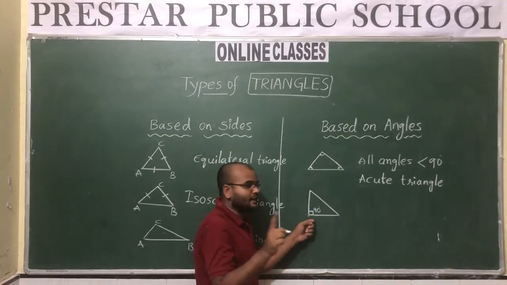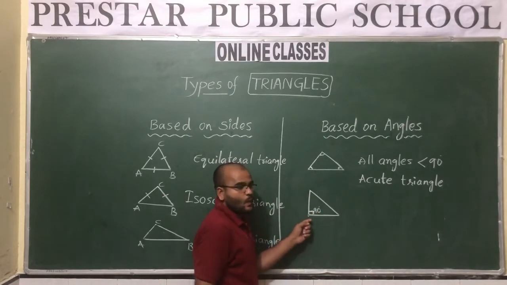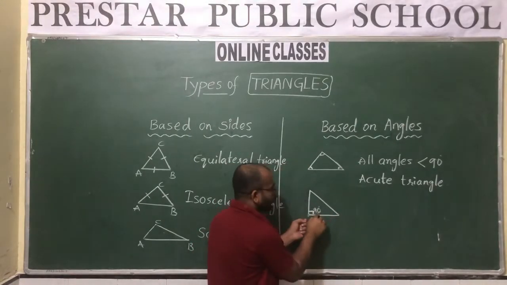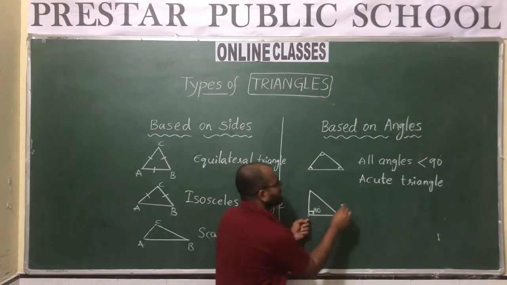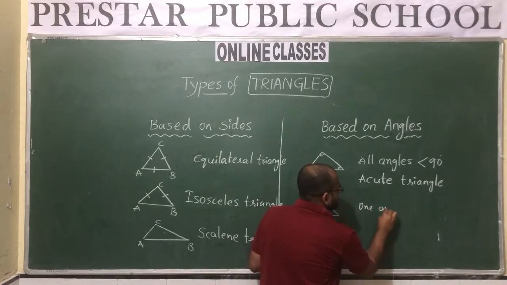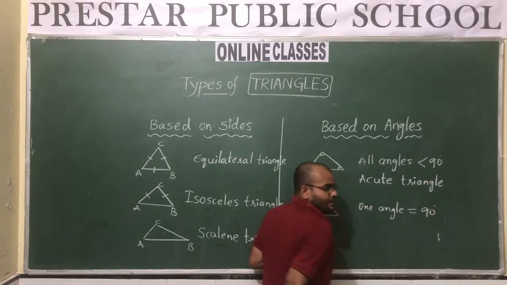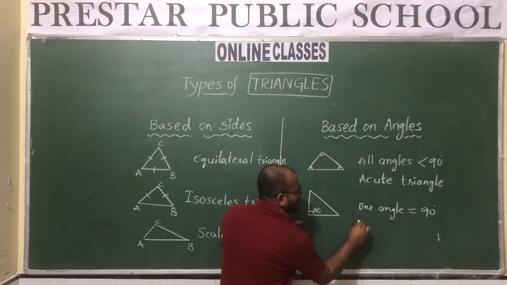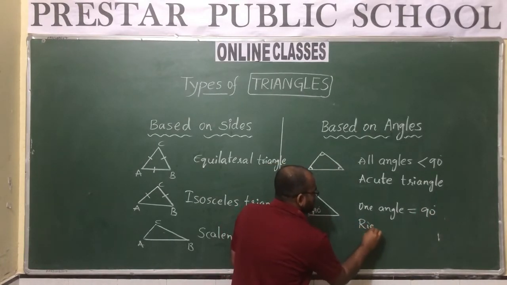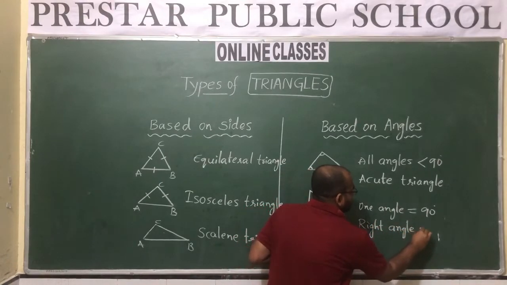Right angle is present at one place. Here one angle is 90 degrees. So this triangle is called a right angle triangle. One angle equals 90 degrees, then this triangle is called a right angle triangle.